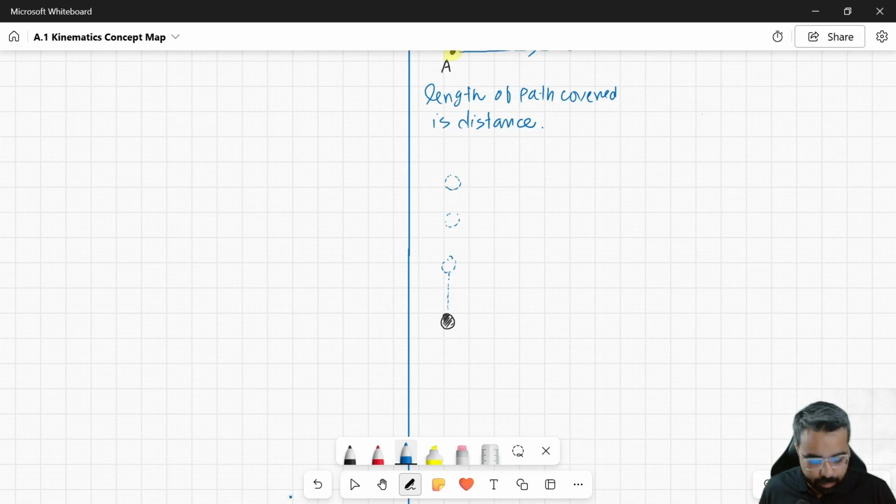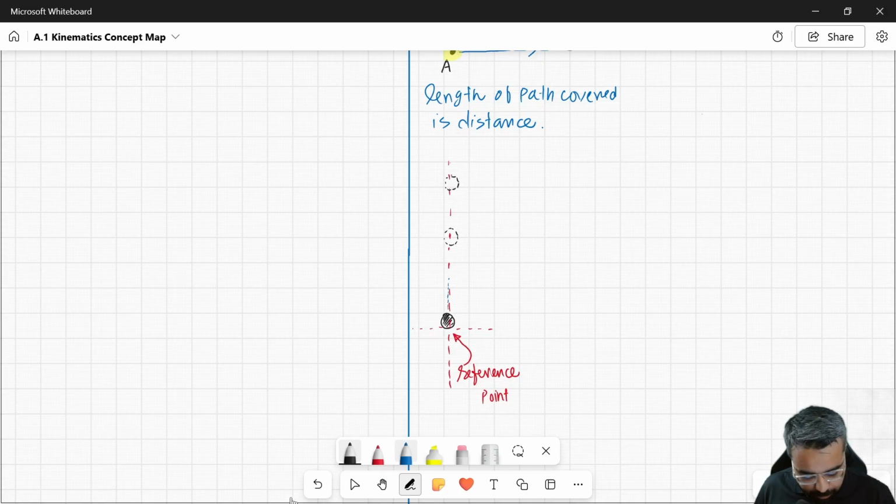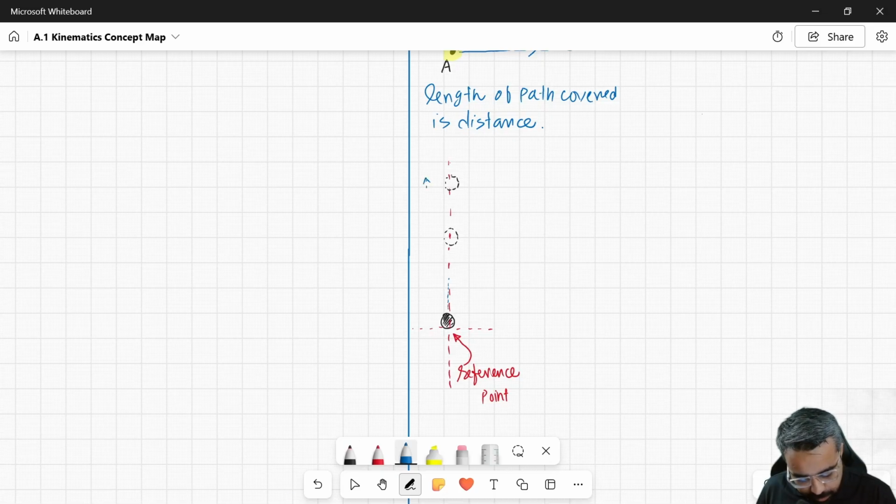Now when the ball will be coming down, remember, we always examine any question of kinematics in the rectangular coordinate system. This is our rectangular coordinate system, in which the point from where you have thrown the ball is the reference point. If it is reaching the maximum height, let's say this height is 5 meters. So this is a displacement, 5 meters vertically upward.